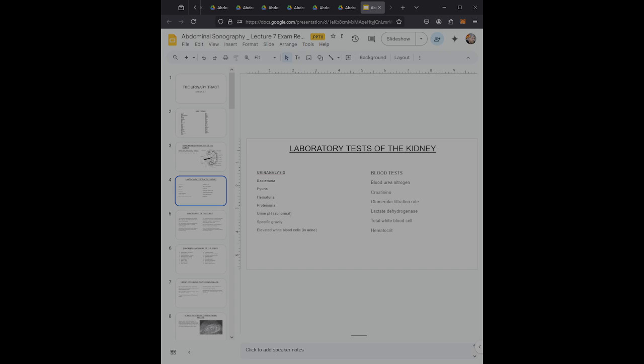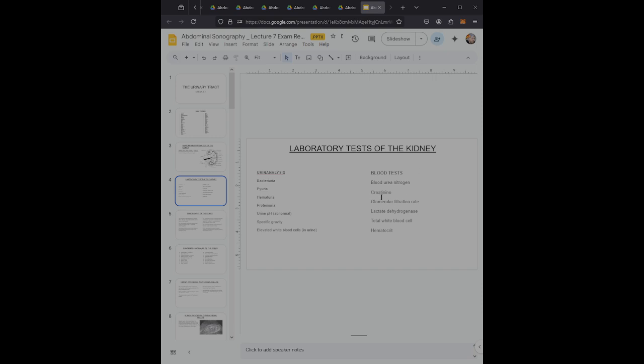So if we look at these blood tests here, blood urea nitrogen, if it is elevated, is associated with renal failure, a renal parenchymal disease, renal obstruction, some form of hemorrhage, diabetes mellitus, and dehydration. A reduction of blood urea nitrogen is associated with liver disease.